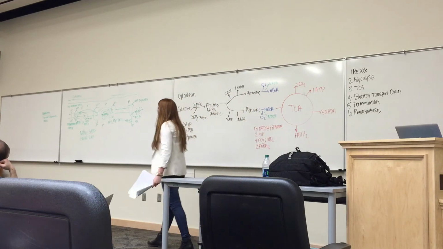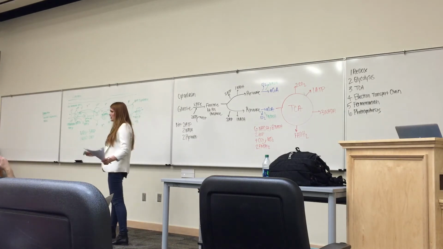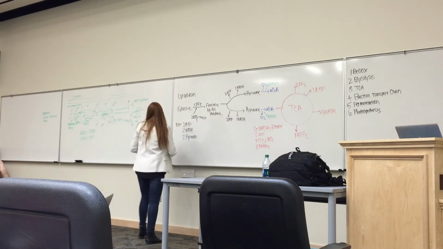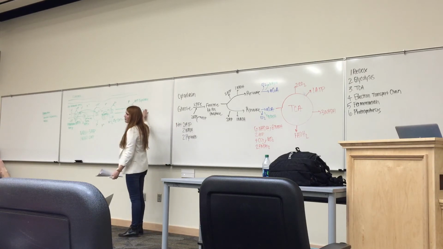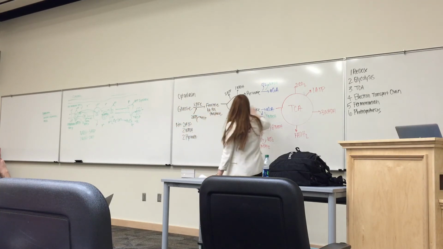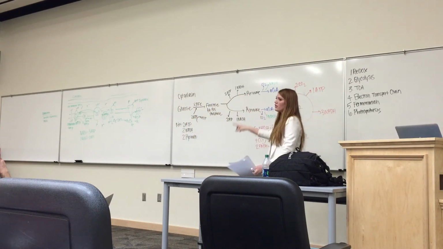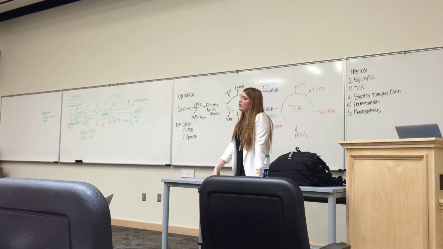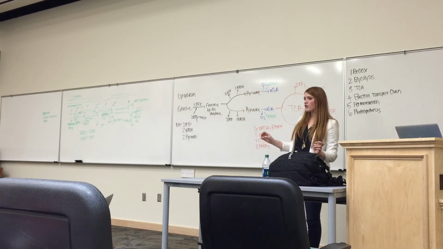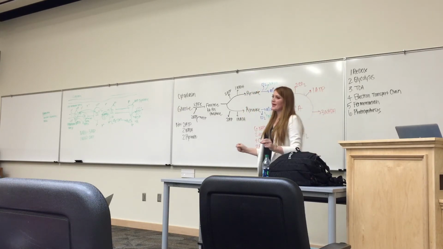Okay, so oxidative phosphorylation is using glucose to end up with ATP from the electron transport chain. When we're talking about oxidative phosphorylation, it includes glycolysis, the citric acid cycle, and the electron transport chain. It gets confusing because the definition of substrate level phosphorylation is that it's mediated by enzymes.